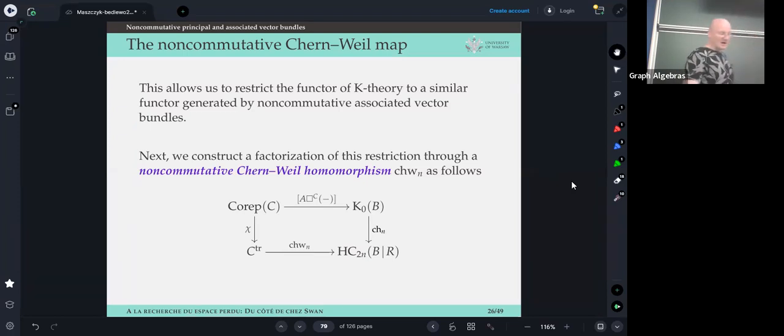And there is a canonical map from these co-representations to some elements of this coalgebra, which essentially are traces. So this trace chi is in fact a character of this universal associated principal vector bundle over this classifying space.